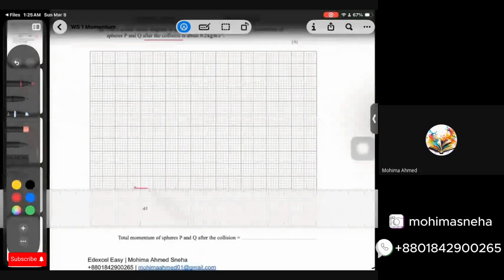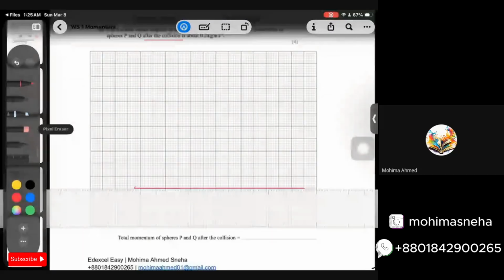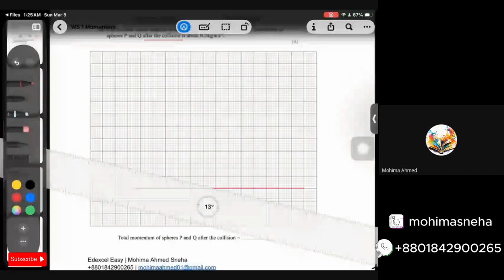This is your horizontal plane. Particle Q was what? 10 degrees below the horizontal plane. So 10 degrees below the horizontal plane means something like this, right?